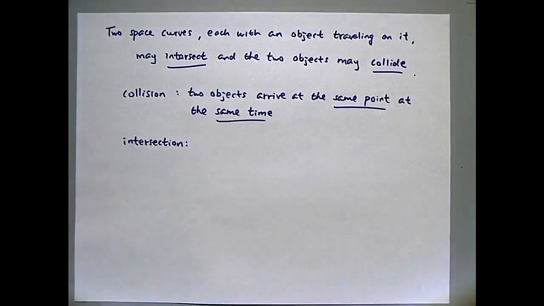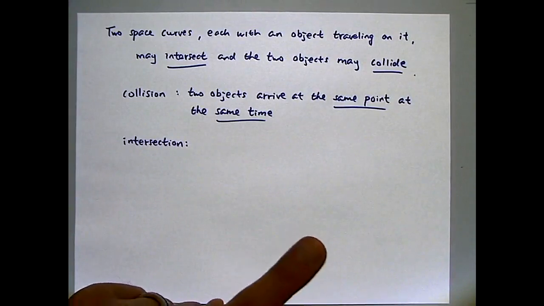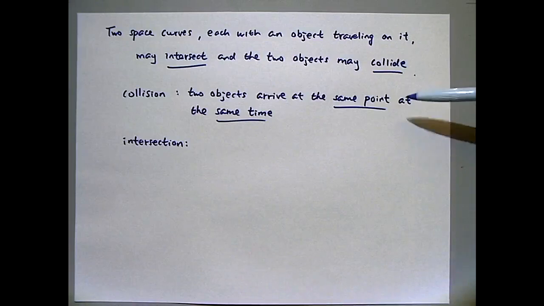Intersection is when the paths of these two things share a common point, but these two objects are not at that point at the same time.